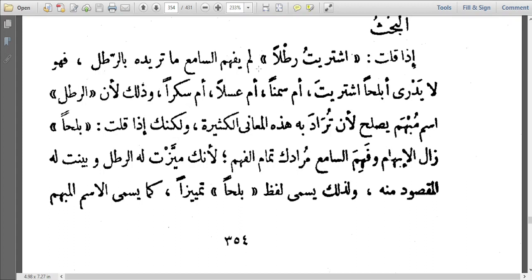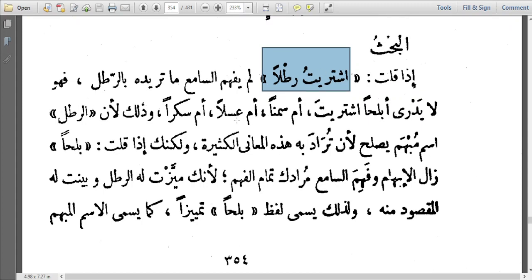He says that if you say اشتريت رطلا, the listener does not understand what you mean by the pound, because he doesn't know: is it balh, dry date or unripe date, or samnan, fat, or asalan, honey, or sukkaran, sugar? So the word, if you say ishtaraytu ratlan or ritlan, is vague. The person asks ritlan min maza.